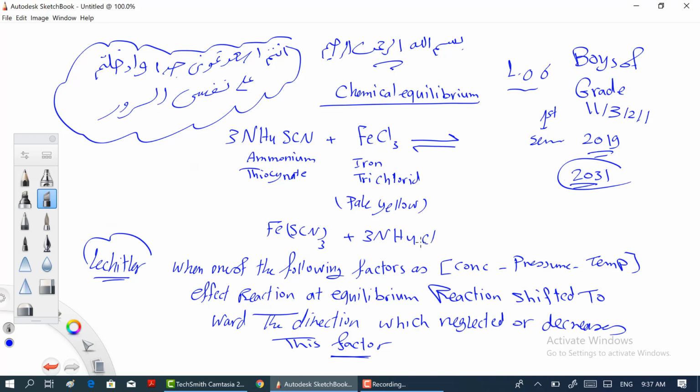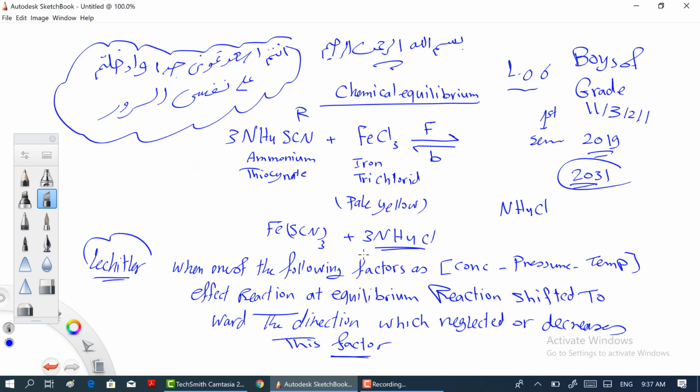If we add an excess amount of ammonium chloride, we will find the reaction shifted toward the formation of ammonium thiocyanate. We can have a forward and backward. If we add NH4Cl, it means increasing the concentration of ammonium chloride, so the reaction must go back again toward the reactant, away from the excess concentration of ammonium chloride.